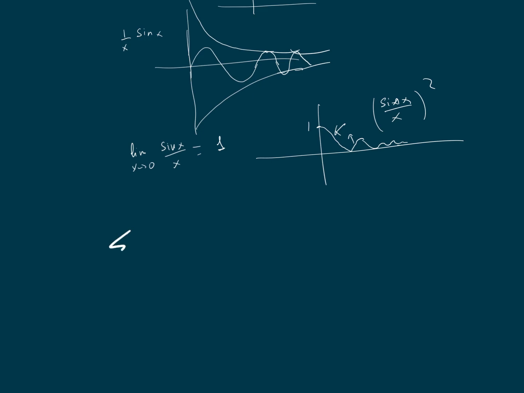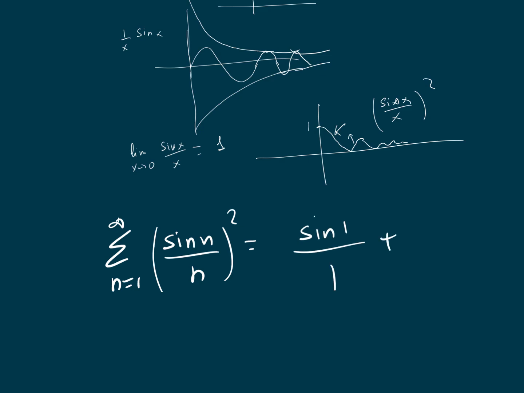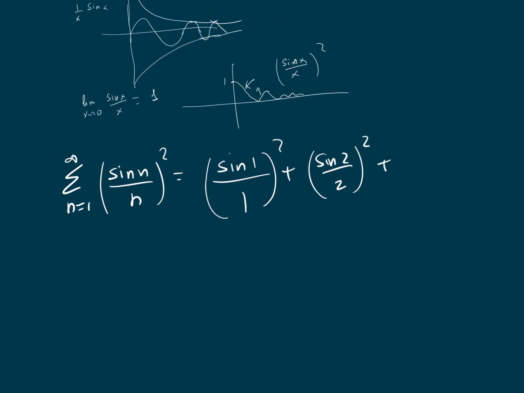So what is this series? The summation from n equals 1 to infinity of sine of n divided by n squared. Well, when n equals 1, it is sine of 1 divided by 1 squared, plus sine of 2 divided by 2 squared, plus sine of 3 divided by 3 squared. Does it converge or does it diverge?